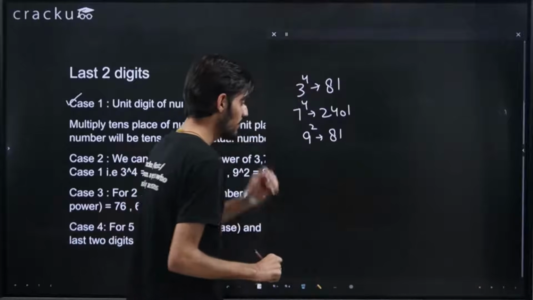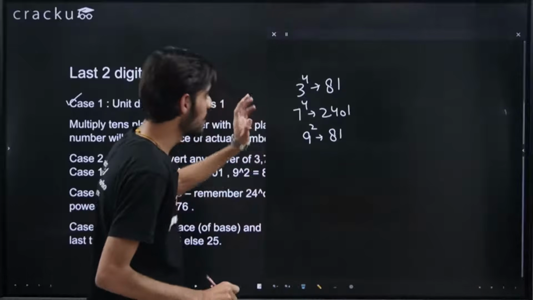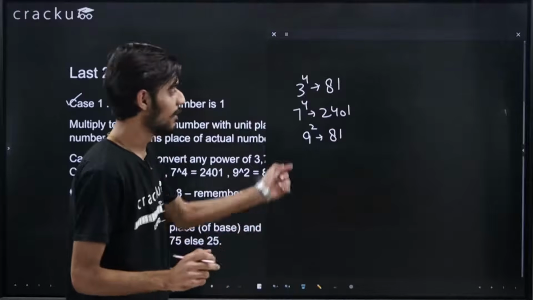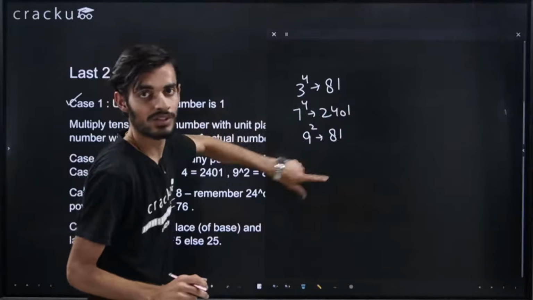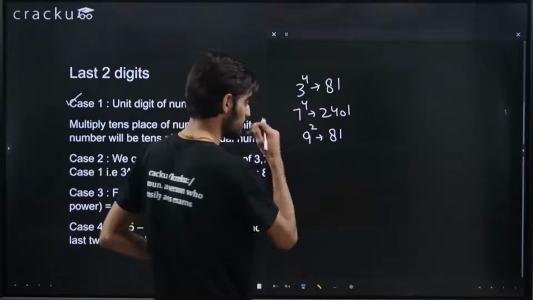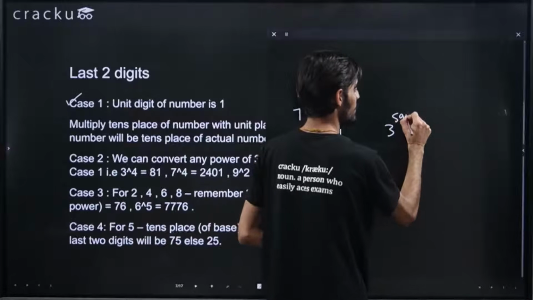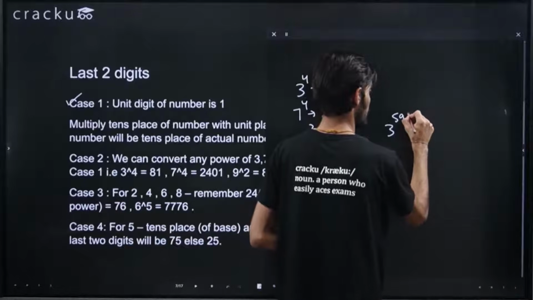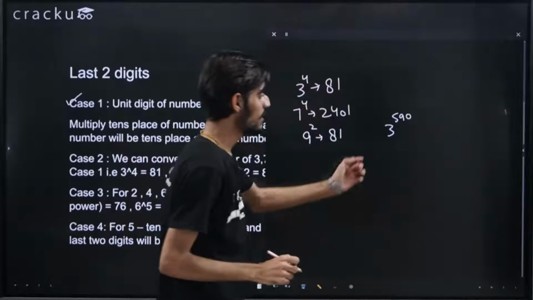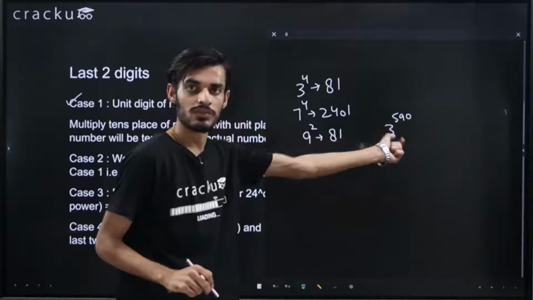So if we are asked to calculate the last two digits of any number which is ending in 3, 7 or 9, let's start with 3. Let's say I have a number 3 raised to the power 590. I need to calculate the last two digits of this number.